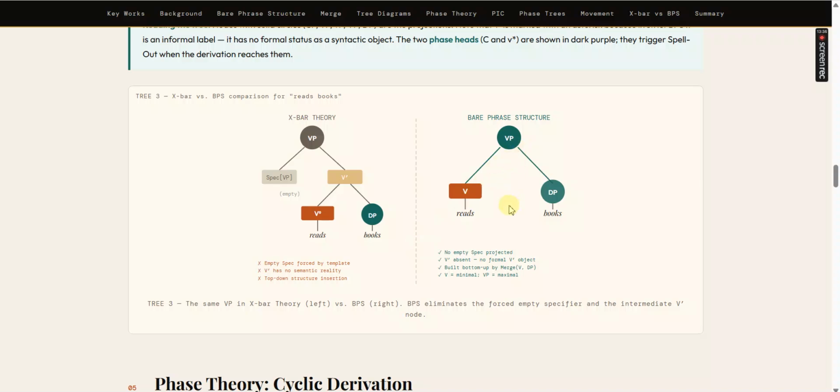Then bare phrase structure, it is just for VP, V and DP, nothing more. BPS eliminates the forced empty specifier and the intermediate V bar node. It keeps the structure simple, unlike X-bar, which follows a fixed template.